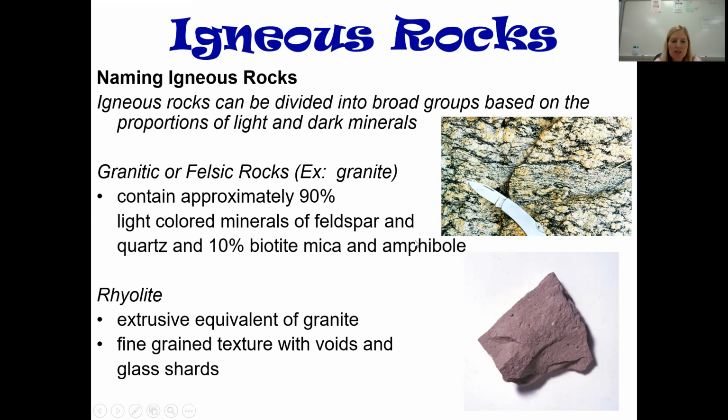And this is where it says extrusive, that means that it formed on Earth's surface. If it's intrusive, then it forms beneath Earth's surface. So it's like a granite, except instead of forming underneath Earth's surface to have large crystals, it formed above Earth's surface, and it has fine grain texture or smaller crystals.